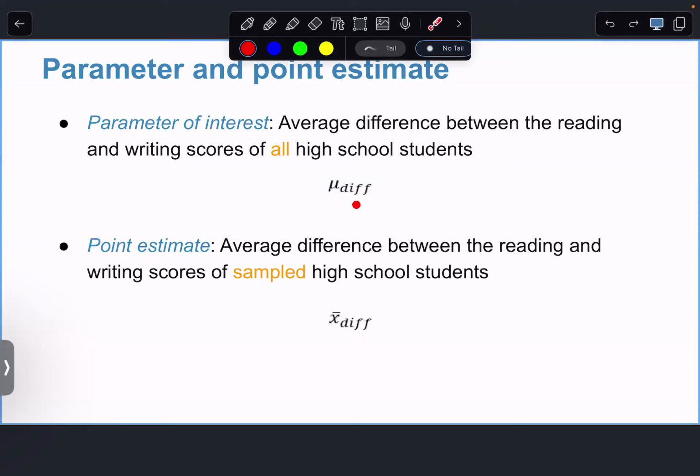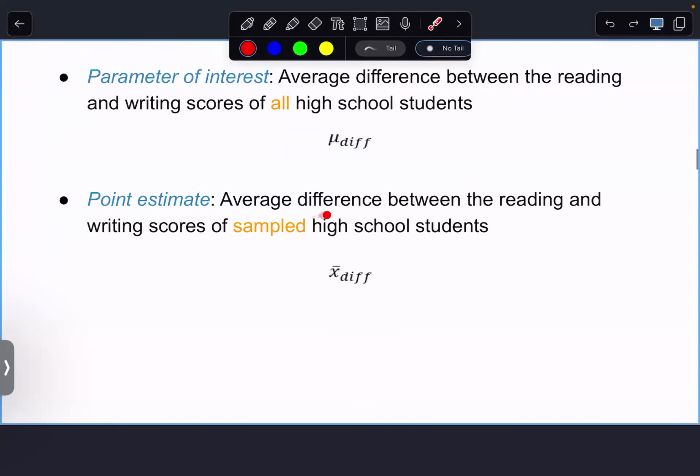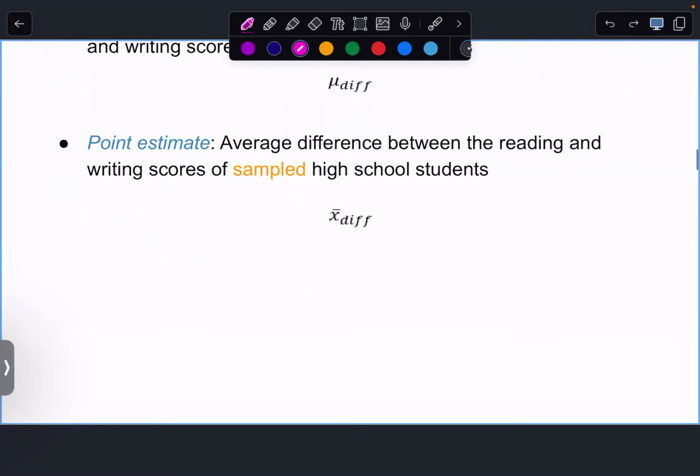If I'm lazy, I'll just use a D, but I like to put the diff on there just to emphasize that it's the mean difference. So our point estimate is the average difference between the reading and the writing scores of the sample, which is x bar, and then a little diff on there tells me that it's the mean of the differences. And so we analyze the differences.